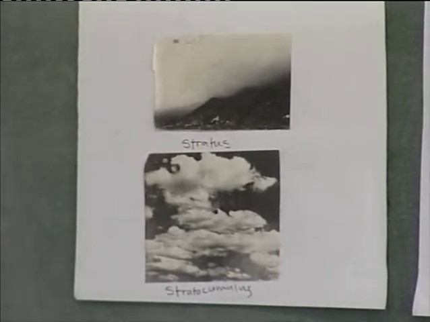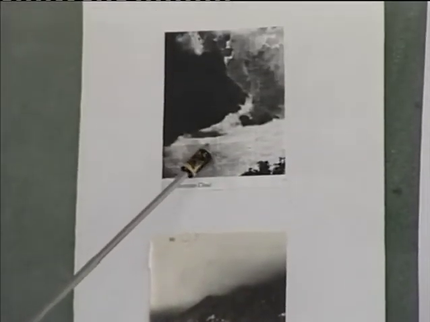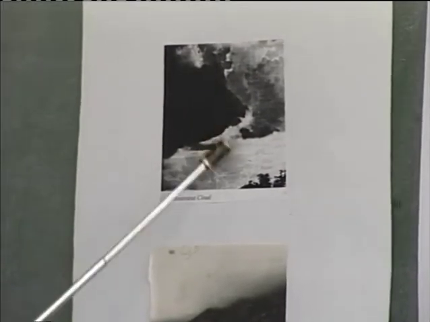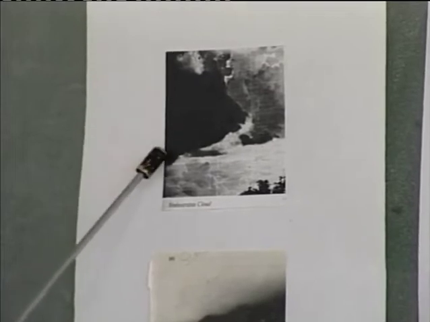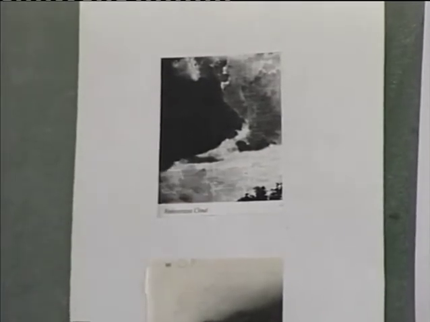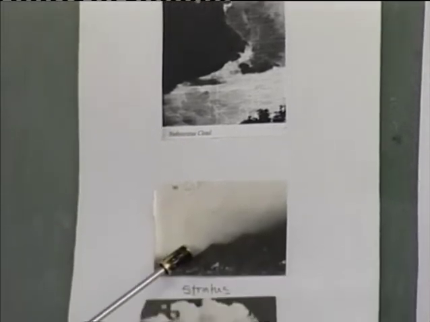The second cloud is nimbostratus. Nimbostratus is a dark gray layered cloud which looks rainy and often brings steady rain. And the last one is stratus.